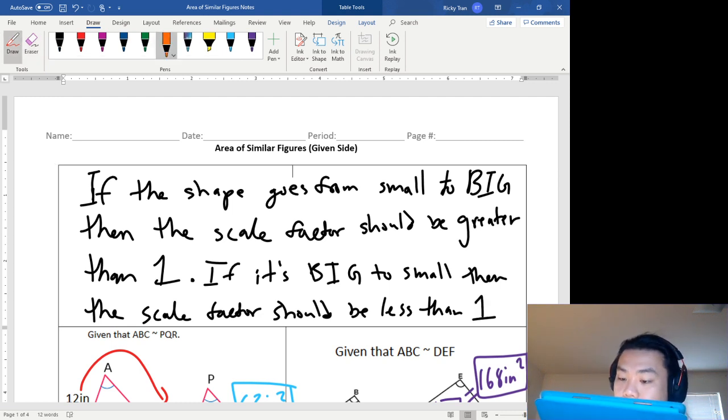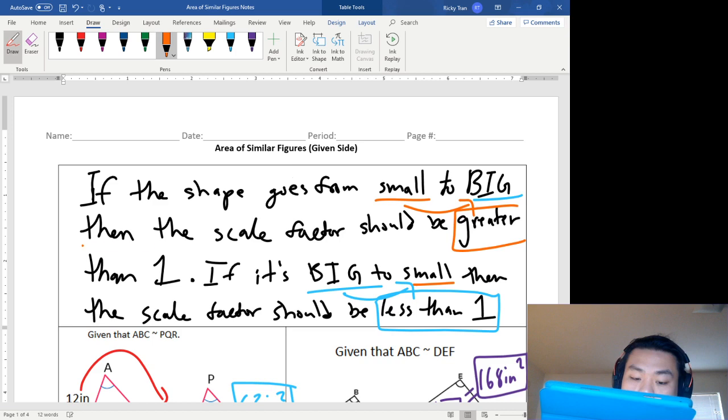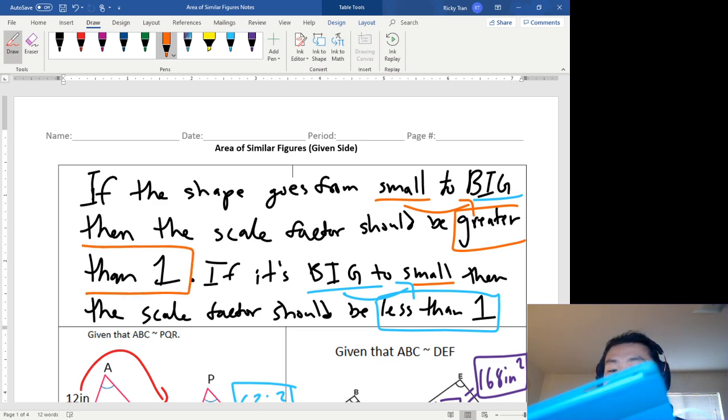So from small to big, it's greater than 1, and from big to small, it should be less than 1. Okay?